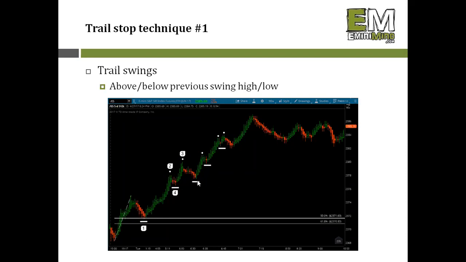And the reason that the swing lows in a long scenario is where you want to place your stop: if we think all the way back to the beginning of our talk today, breaking a swing low or a swing high is the early signal that a trend is changing. So if you're in a trade, you want to be able to get out when the trend is showing its earliest sign of breaking down.